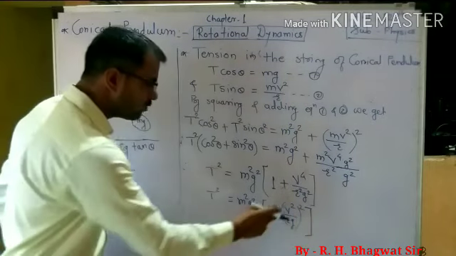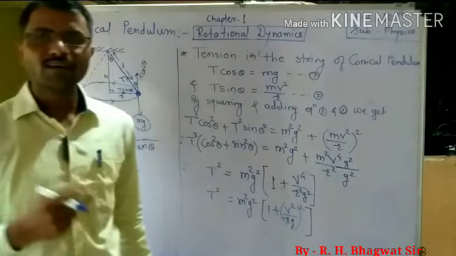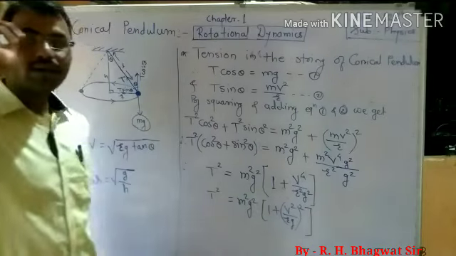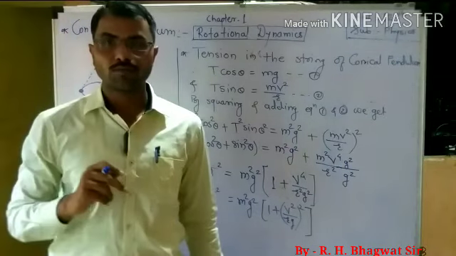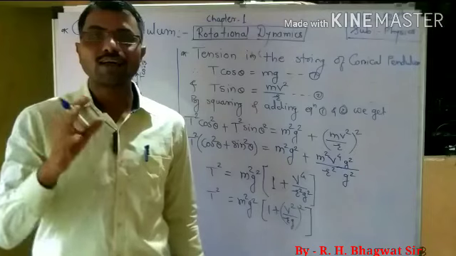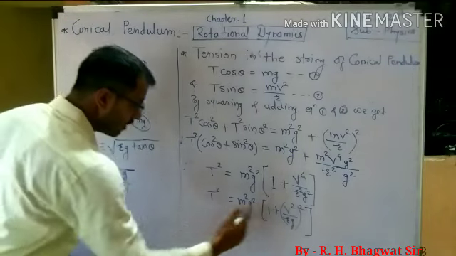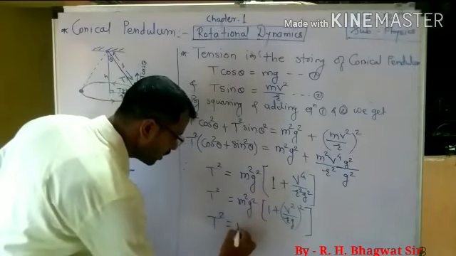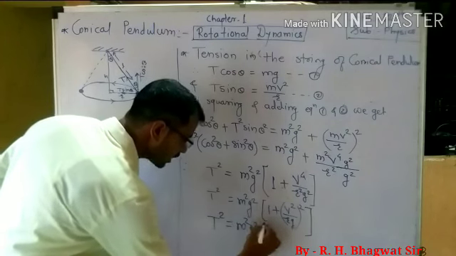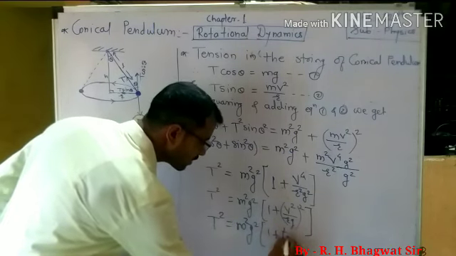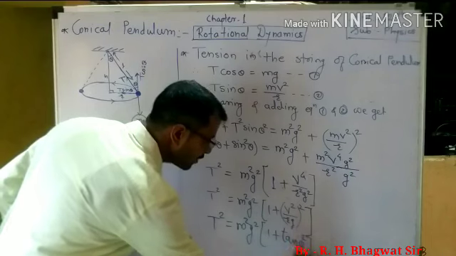Now, v square upon rg is nothing but what we have calculated for the angle of the conical pendulum. V square upon rg is nothing but tan theta, therefore we can put that value: T square is equal to m square g square in bracket 1 plus (tan theta) bracket square.